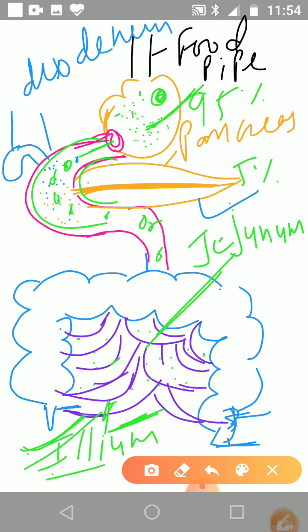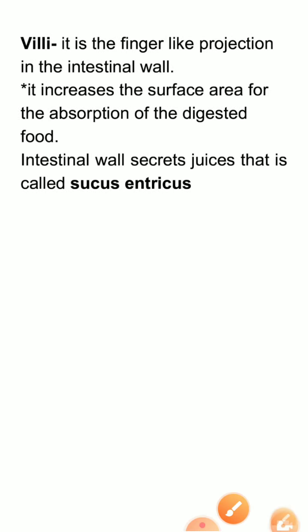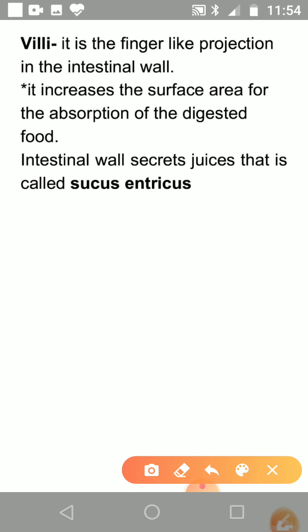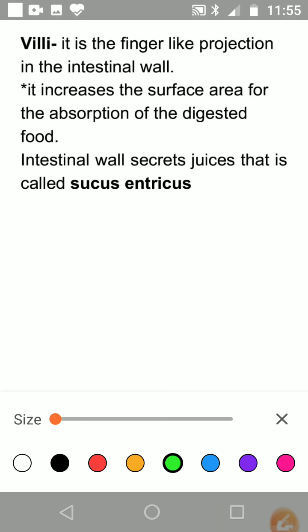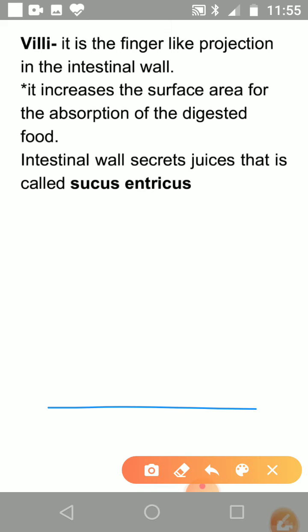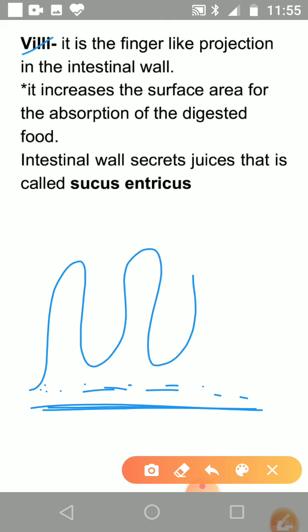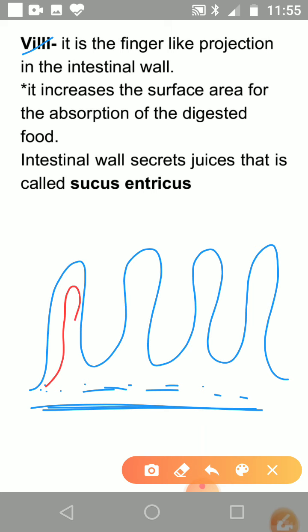Now what happens after digestion has taken place? In the wall of the intestine, we can see minute finger-like projections called villi, and these villi are richly supplied by blood vessels.